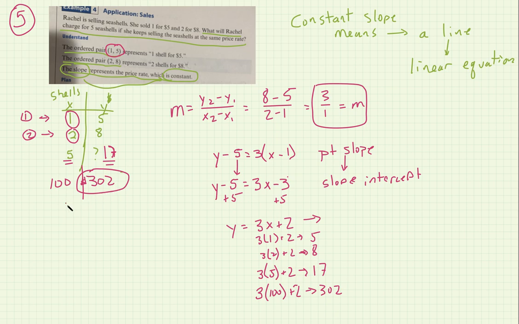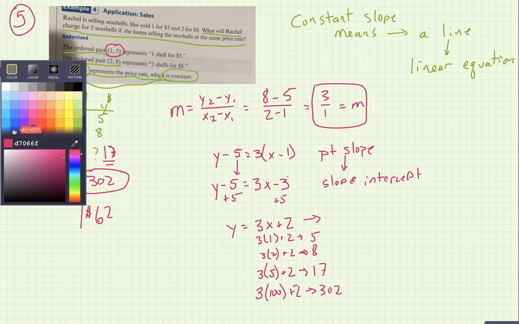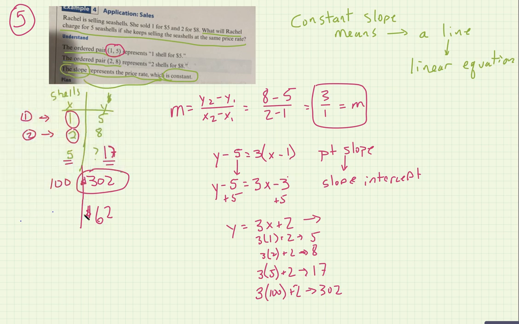Let me ask you another advanced question. Now let's say I had $62. How many shells could I buy for $62? All right, pause, think about it, and come back. We'll answer the question in blue. Okay, I'm assuming you tried it.